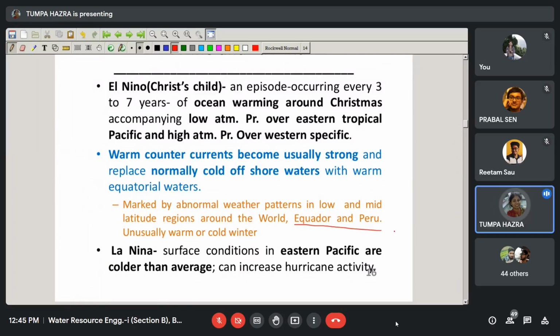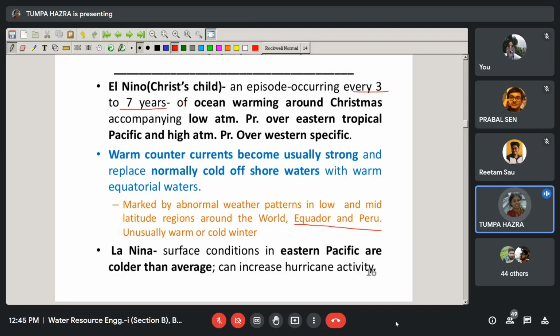Therefore, the livelihood of Peru depends basically on fishing. But because of this heavy rainfall, at an interval of 3 to 7 years, they generally do not get the normal fish.